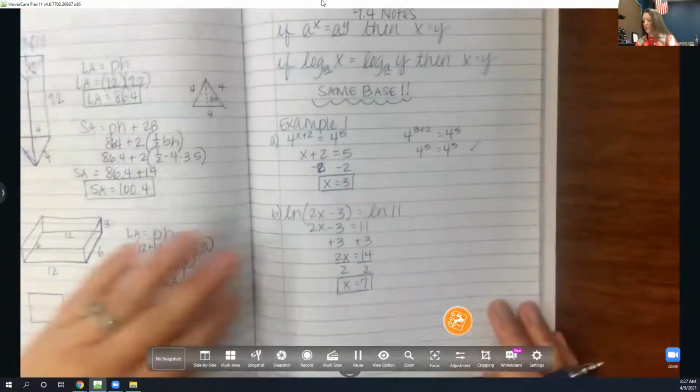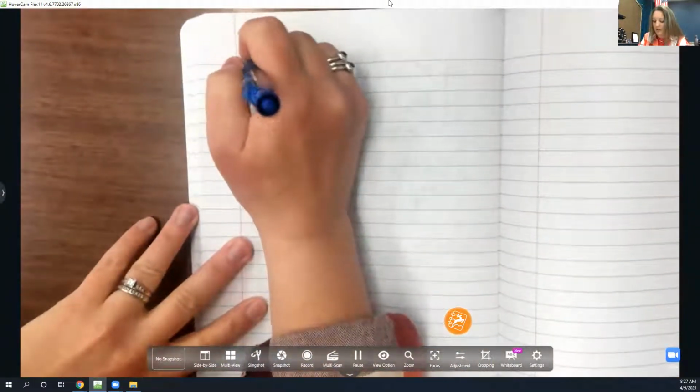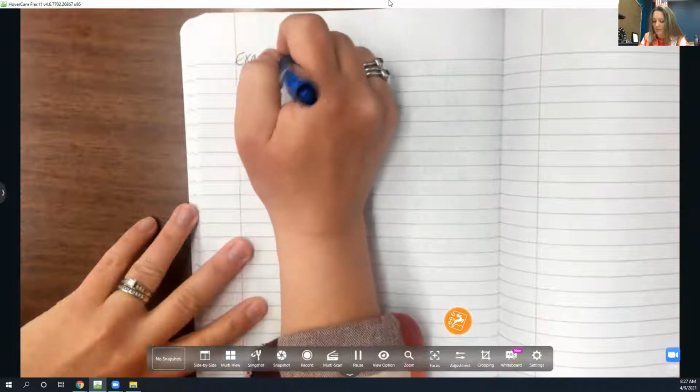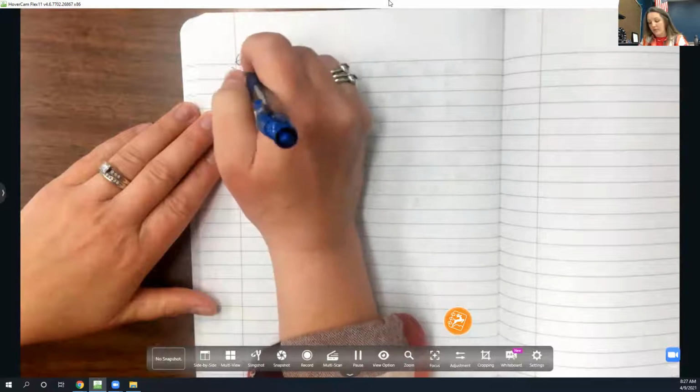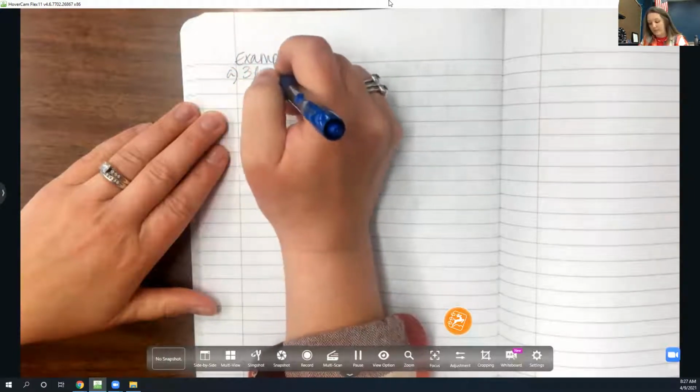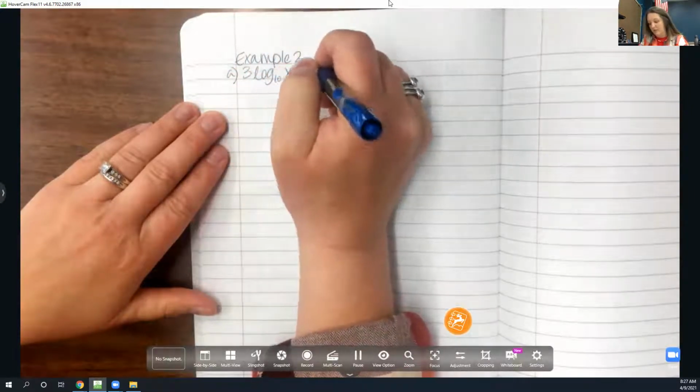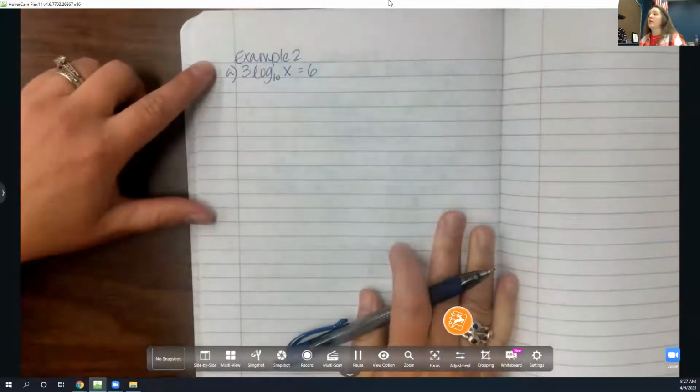Here's example 2. We're getting just a little bit more curious about this. This is A. 3 times log base 10 of x equals 6. A couple of things here.